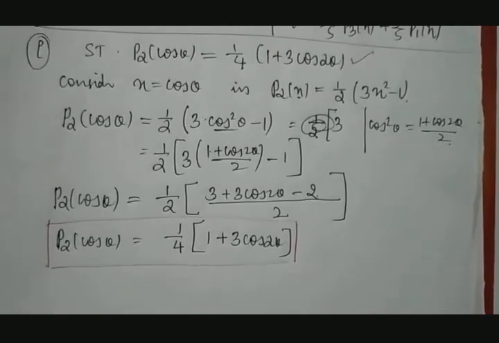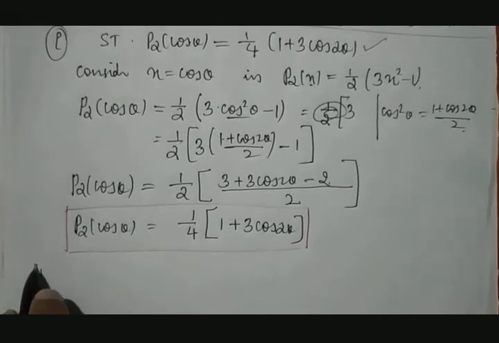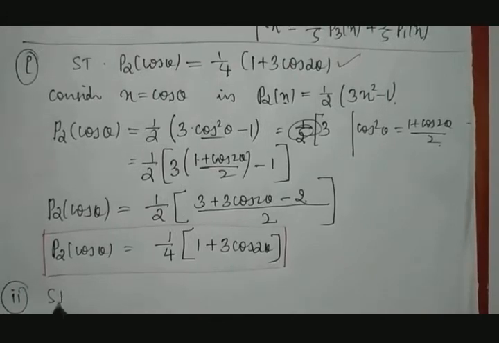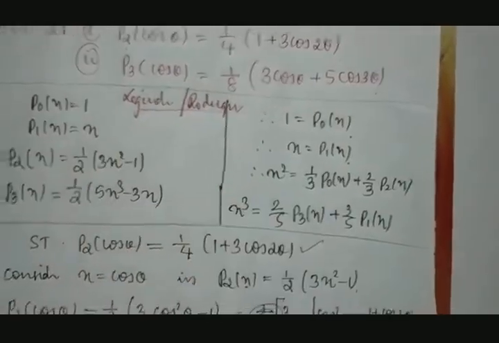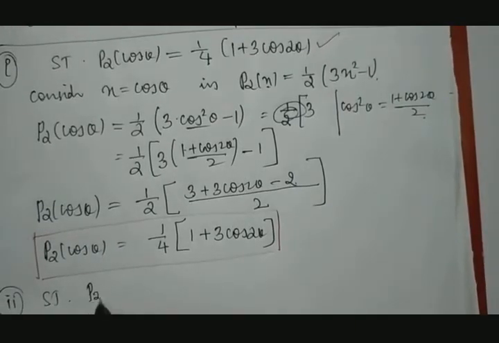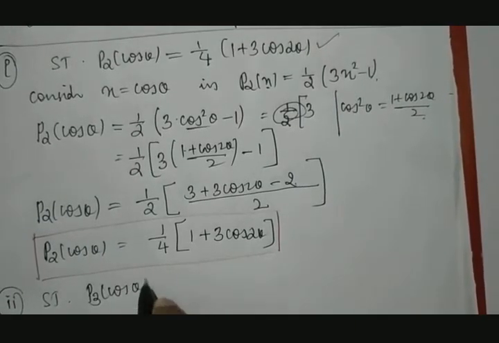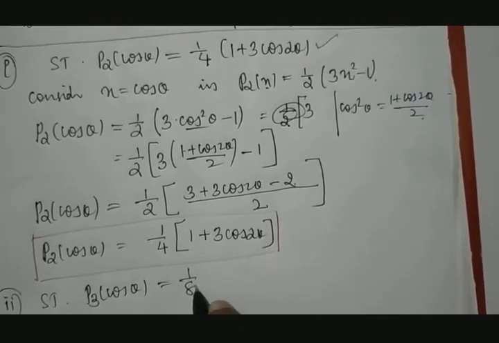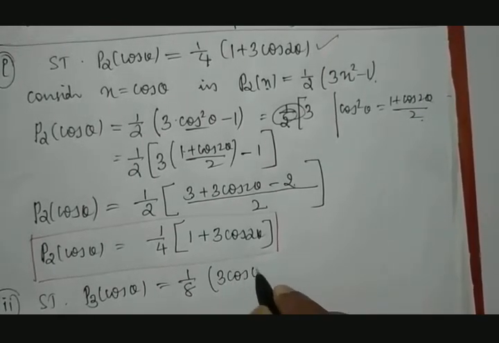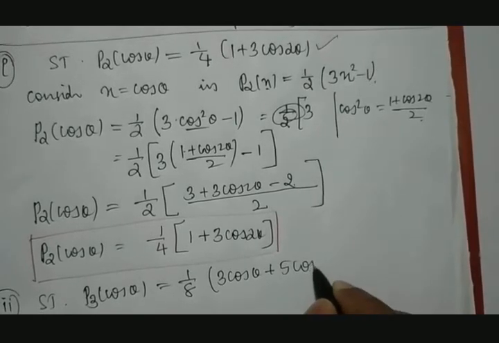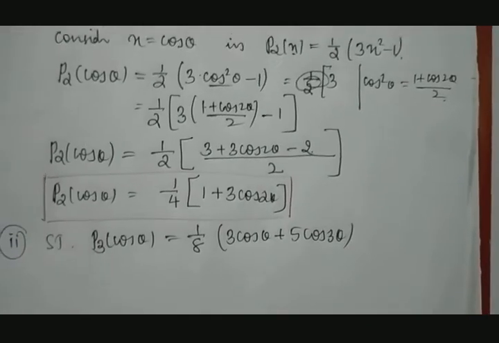Similarly, the second one. So show that P3 of cos theta is equal to 1 by 8 into 3 cos theta plus 5 times cos 3 theta. Fine.